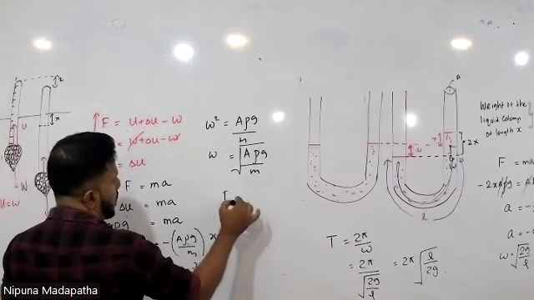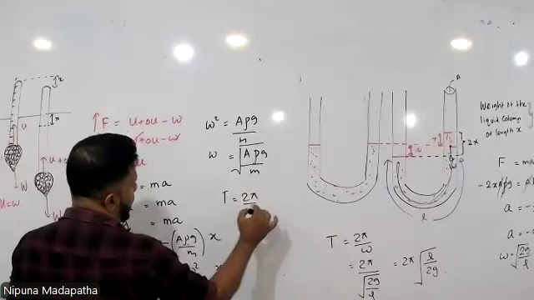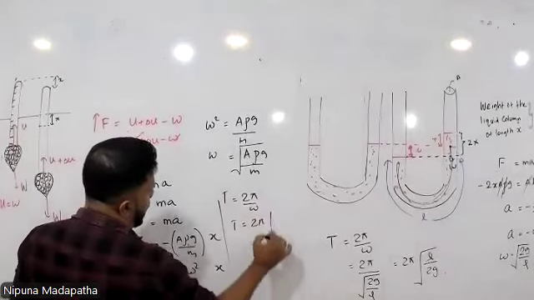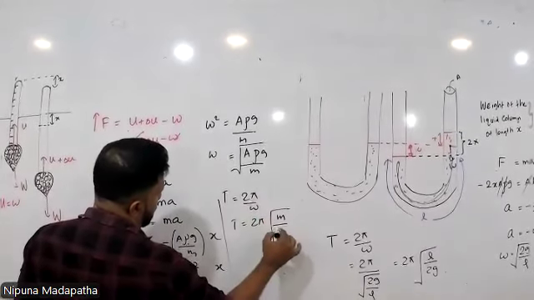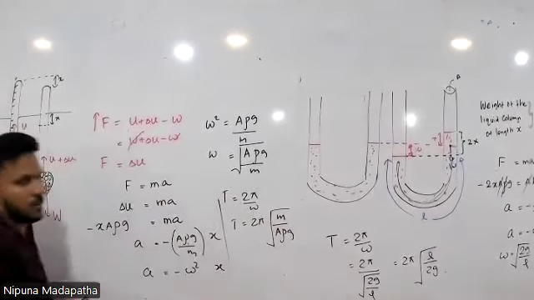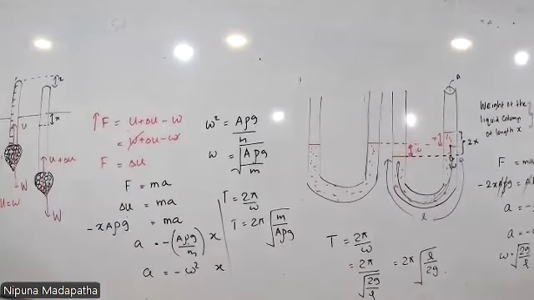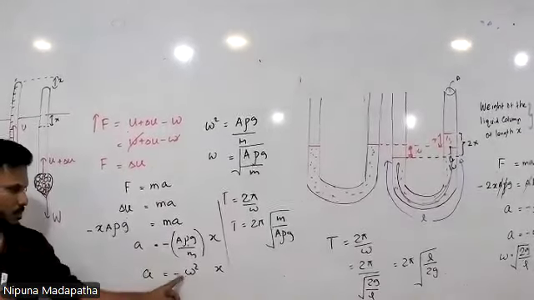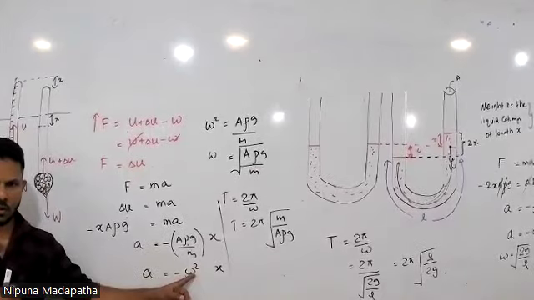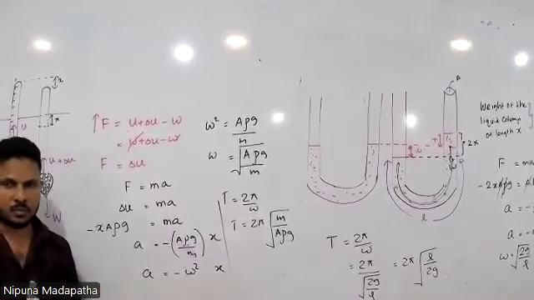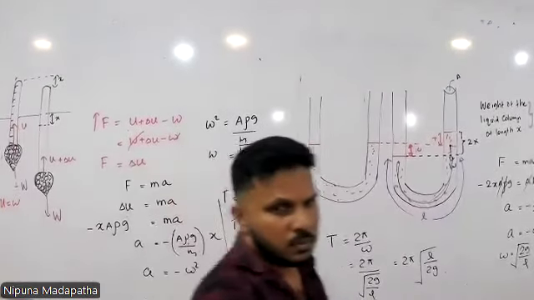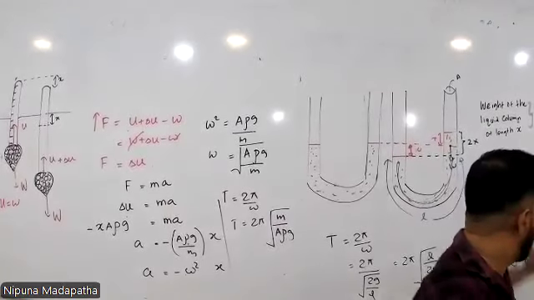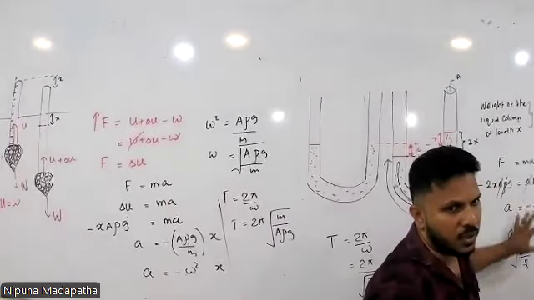So T equals 2 pi over omega, and omega becomes that, so omega squared corresponds.